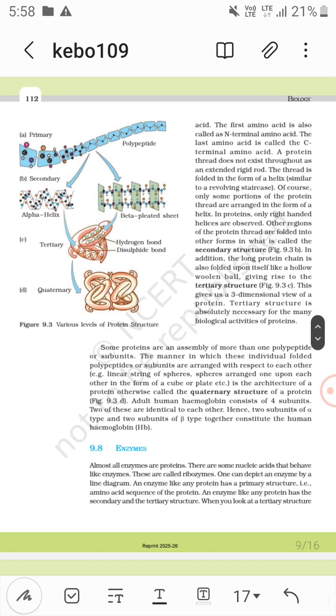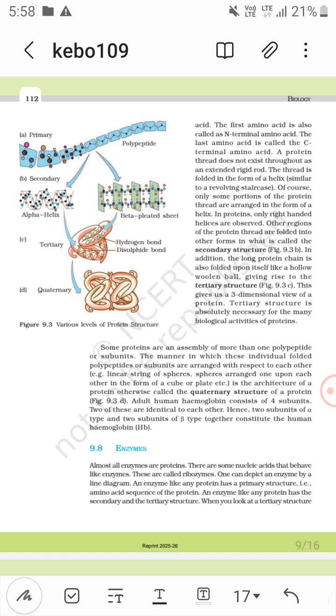Okay, now in secondary structure there are the alpha helix and then the beta pleated sheet, you see in the diagram. And in proteins only right handed helices are observed. Okay. And in the primary structure you see it is just a long linear chain of polypeptide.